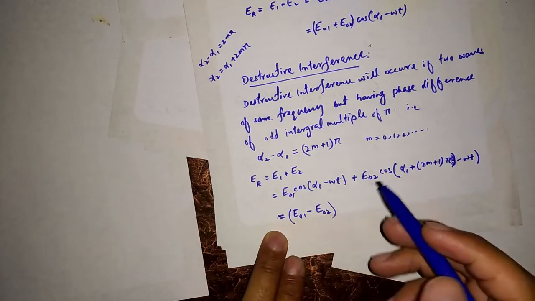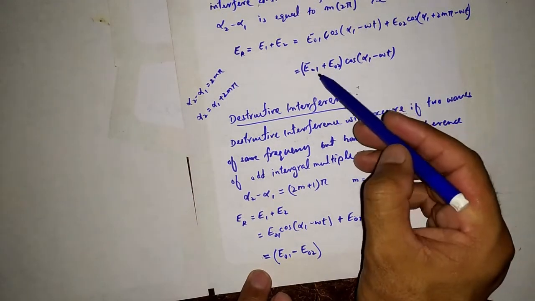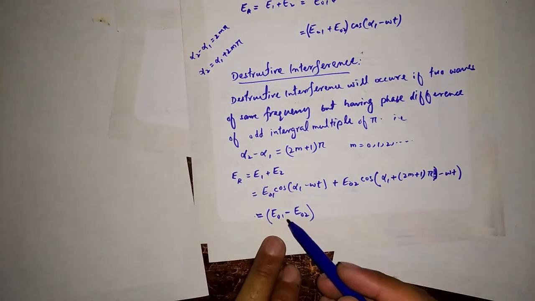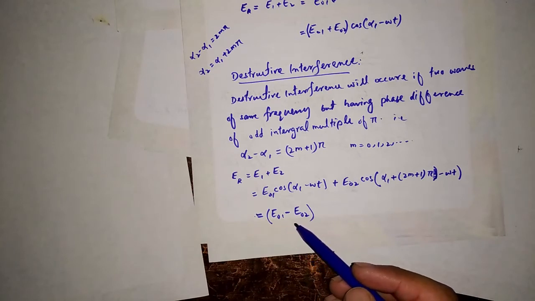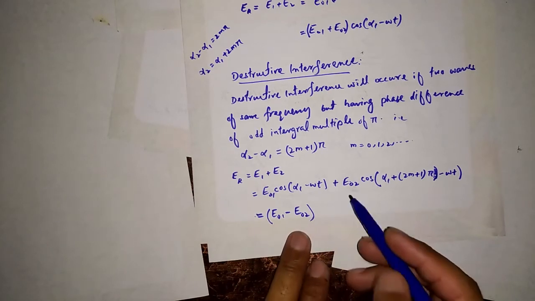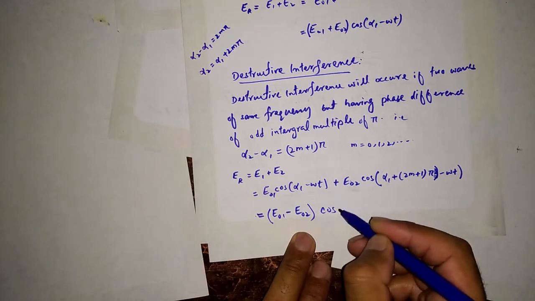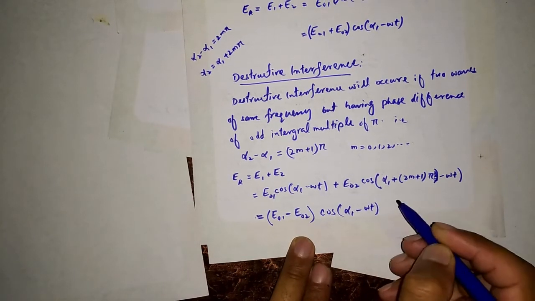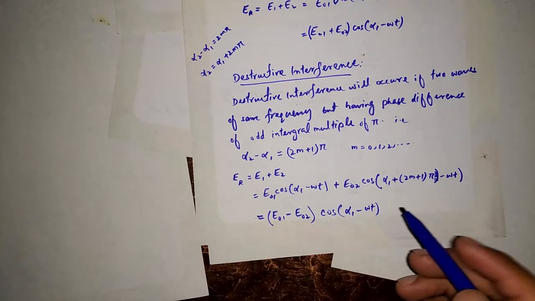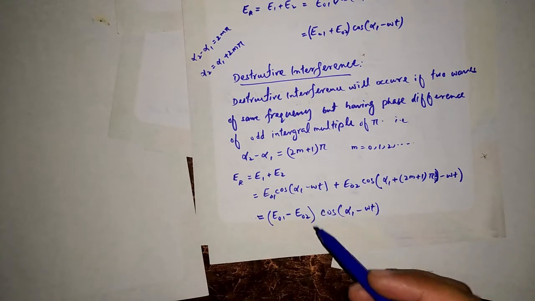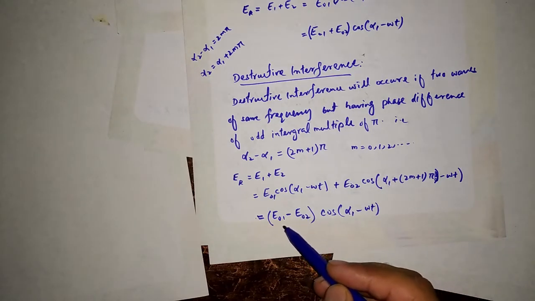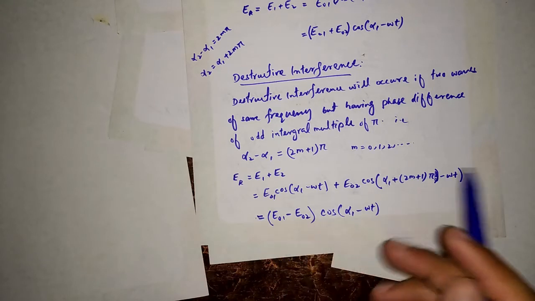As you can see, in constructive interference both the amplitudes were added, and in destructive interference both the amplitudes are subtracted from each other, into cos of alpha 1 minus omega t. Clear? So also note that if both the waves have the same amplitude, if E01 and E02 are equal, then the resultant wave will vanish.